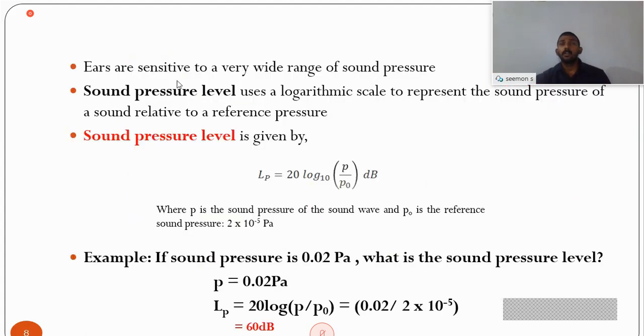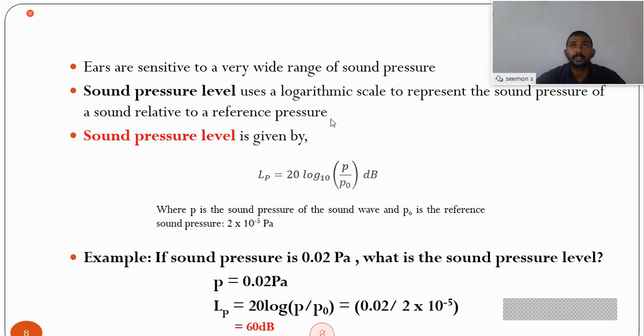The pressure which is measured, we cannot directly relate it to our ears. For ease, we convert that into a sound pressure level, considered on a logarithmic scale relative to a reference pressure.